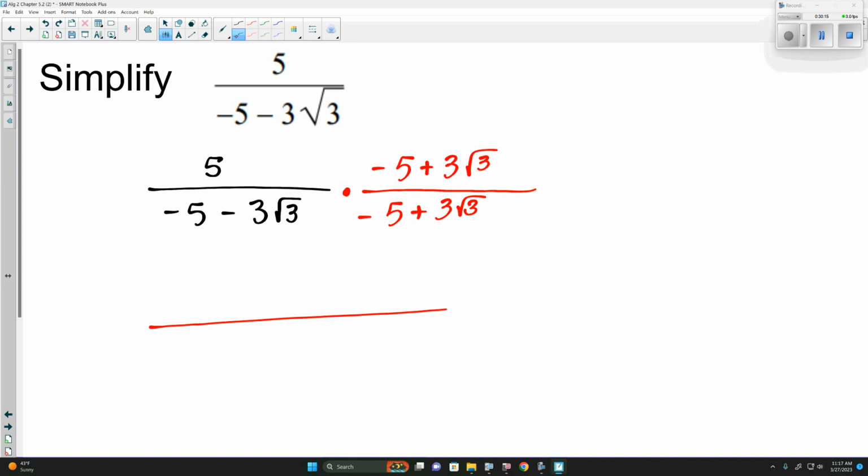Now this time when we multiply the numerator through, we're not going to just get back what we have multiplied by it, because it's not 1. 5 times negative 5 is negative 25. 5 times 3 square root of 3 is going to be plus 15 square root of 3. Because we only multiply inside the radicals if we have like radicals being multiplied, same index.